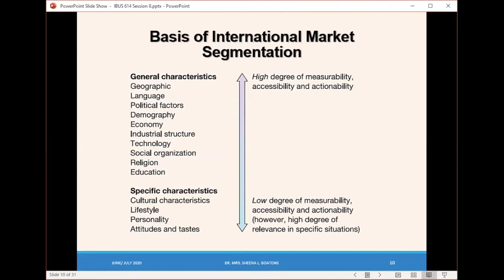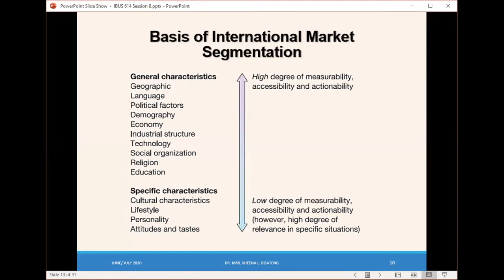The more general the characteristics are, the higher the degree of measurability, accessibility, and actionability of that segment. However, the more specific the characteristics of that segment are, the degree of measurability, accessibility, and actionability become lower. However, the market segment becomes more relevant.